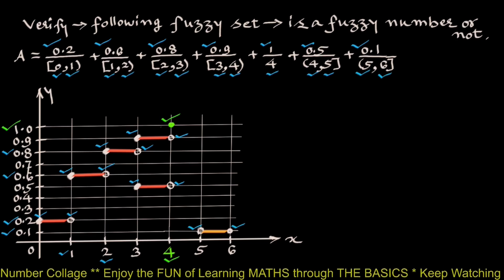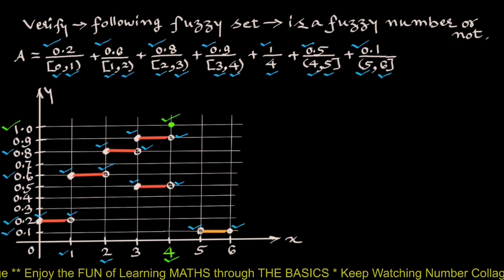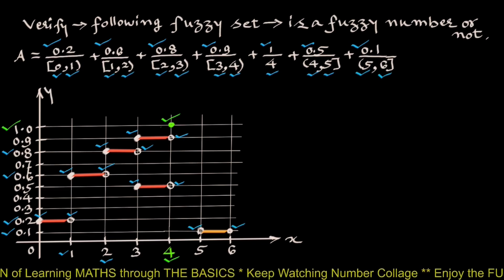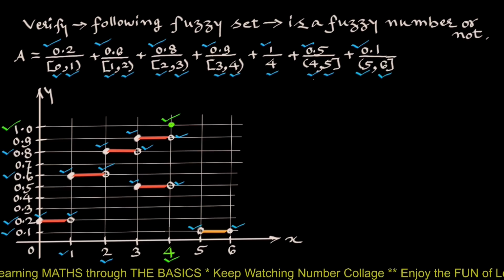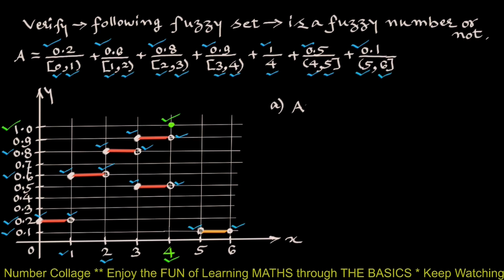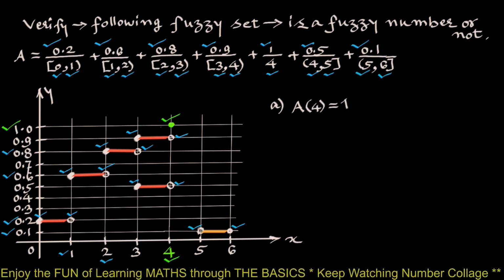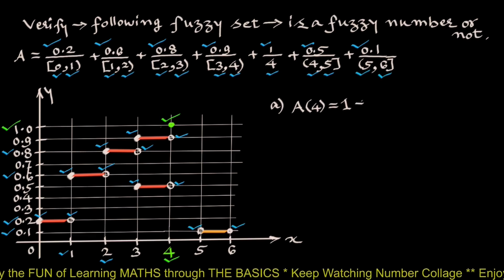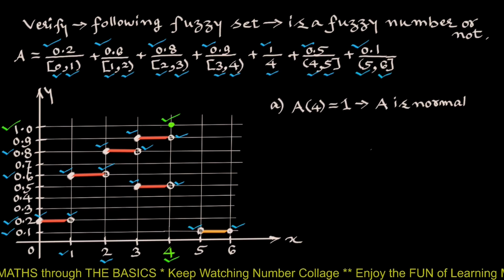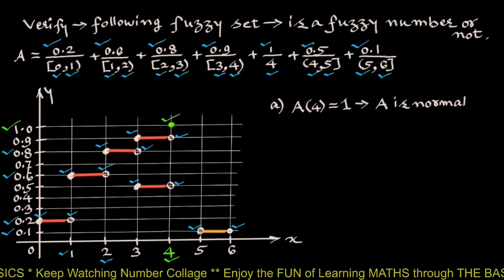Here let us examine whether the three conditions required for a fuzzy set to become a fuzzy number are followed or not. The first condition among them is A: membership grade for element 4 is 1, that is A of 4 is 1, which implies fuzzy set A is normal. Next we will find out alpha cuts for distinct grades of membership.